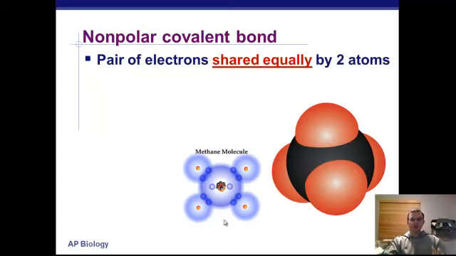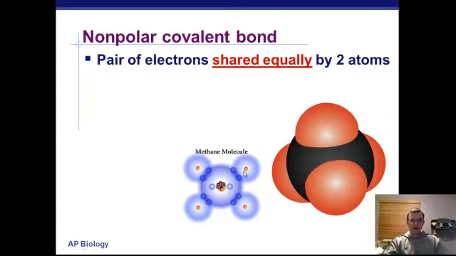Nonpolar means that the electrons between all of the atoms that make up the particular bonds are equally shared. When we look here at a methane molecule, this is your natural gas in case you're not familiar with that, here's your carbon, and you have four hydrogens attached to it, all covalently bonded.